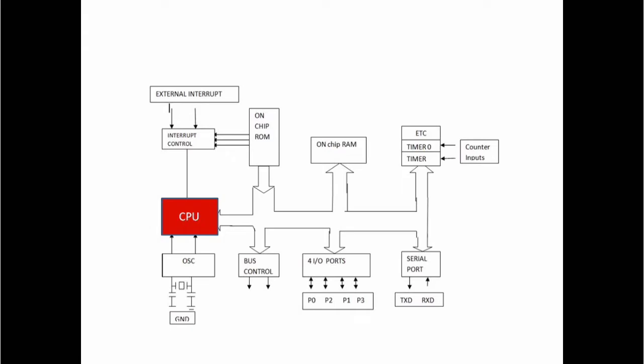The CPU also contains the arithmetic and logic unit. This arithmetic and logic unit performs all arithmetic and logical operations. The arithmetic operations involve addition, subtraction, multiplication, division, and the logical operations involve AND, OR, XOR, and some Boolean operations are also there, which are rotate, clear, and complement.